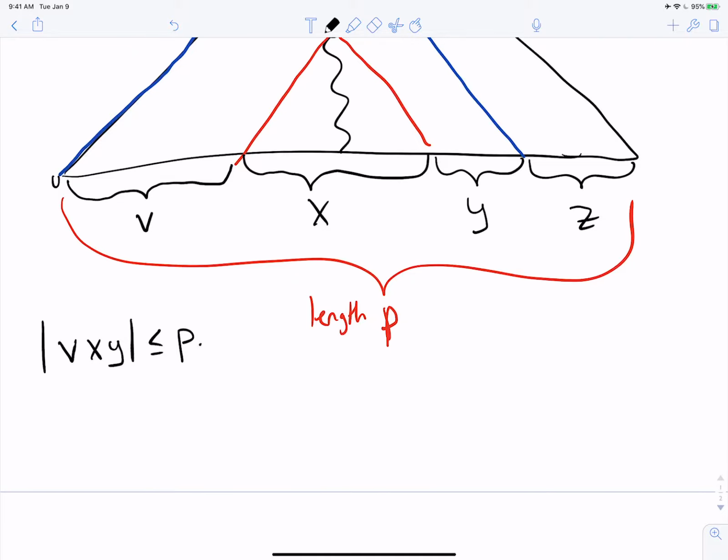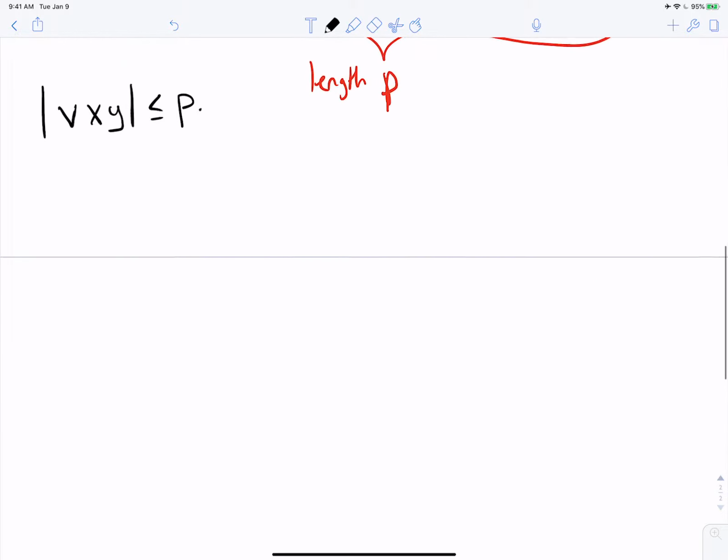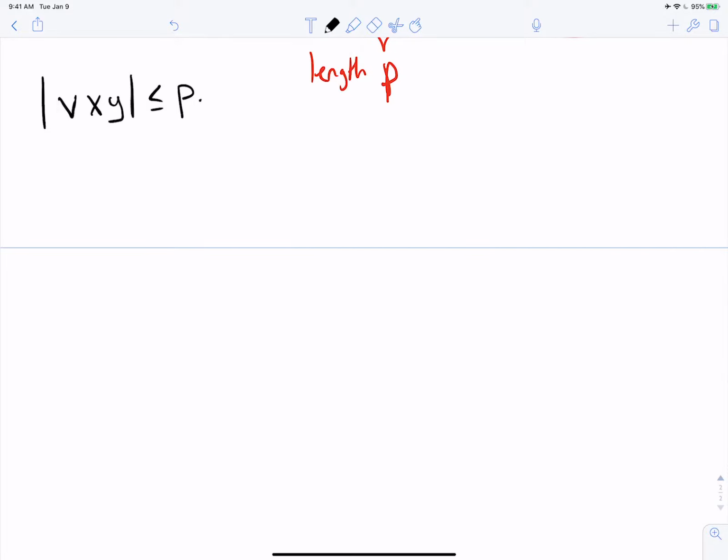Okay, so we're actually able to state the, how many words is that? The 5 most hated words in this entire class, which are the pumping lemma for context-free languages.